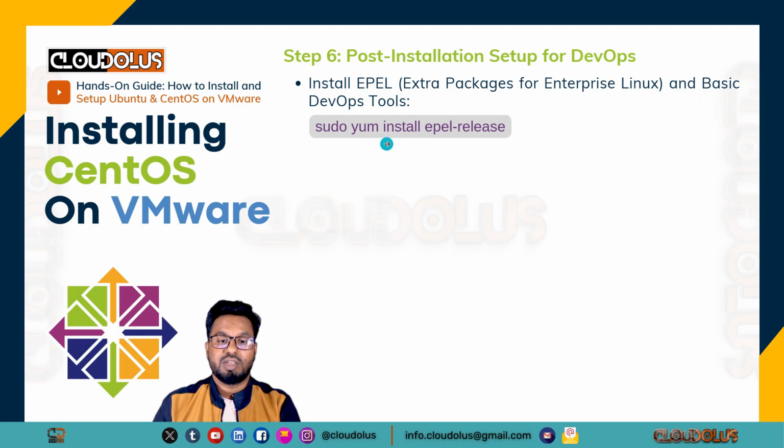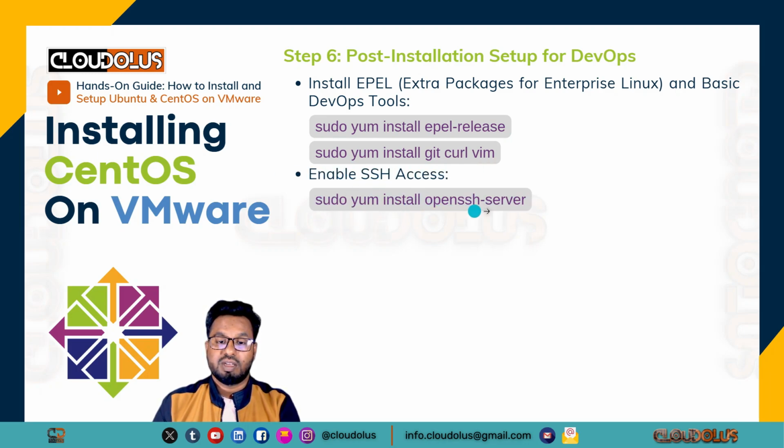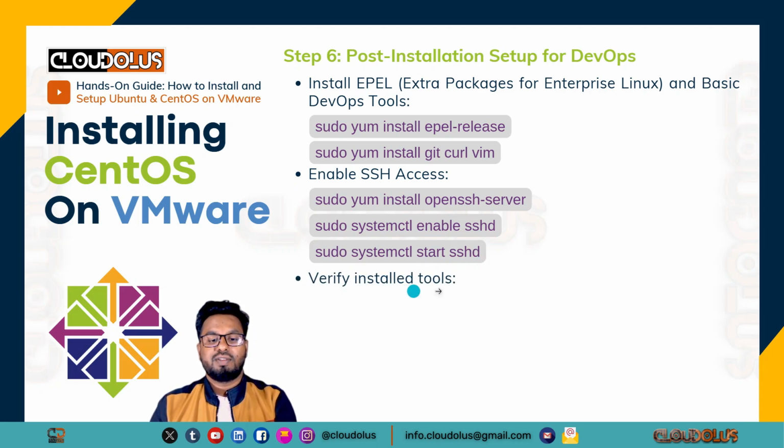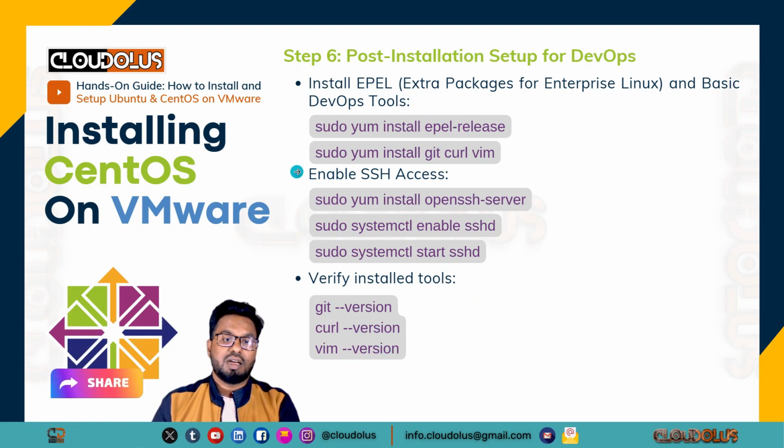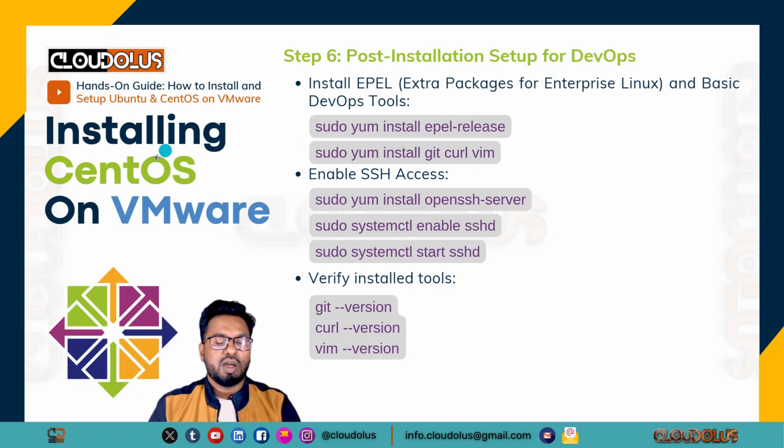For that, sudo yum install epel-release and sudo yum install git curl and vim, and then enable SSH access using sudo yum install openssh-server, then sudo systemctl enable sshd, and then systemctl start sshd, and then verify the installed tools: git --version, curl --version, and vim --version. So this is step number 6, post-installation setup for DevOps. This is the overall installation process for how to install CentOS on VMware.